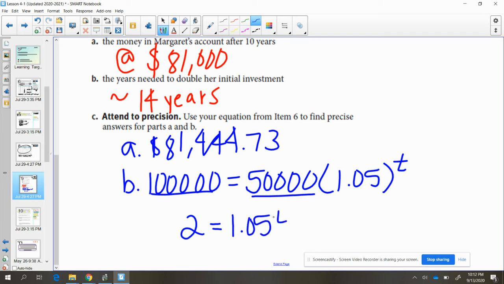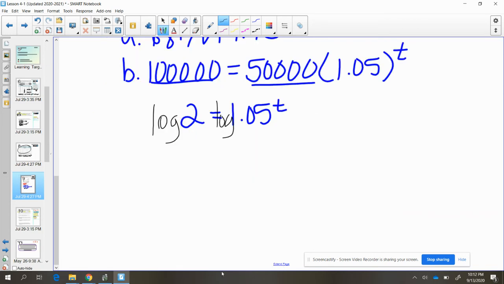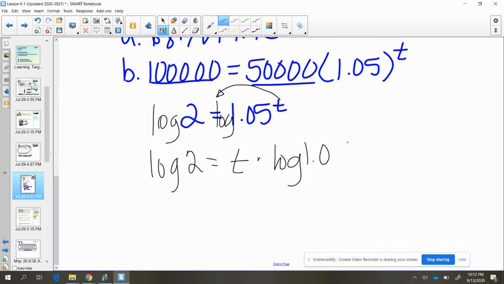It's been a while since you've probably talked about logarithms, but to undo these exponentials, we would want to take the common log of both sides, and a property that you may or may not remember is that the exponent is going to move out front. So we have log of 2 equals t times log of 1.05. Divide both sides by the log of 1.05.